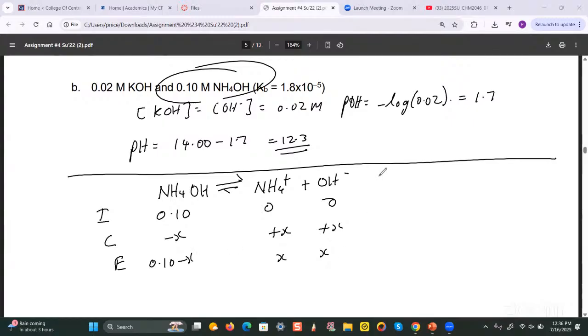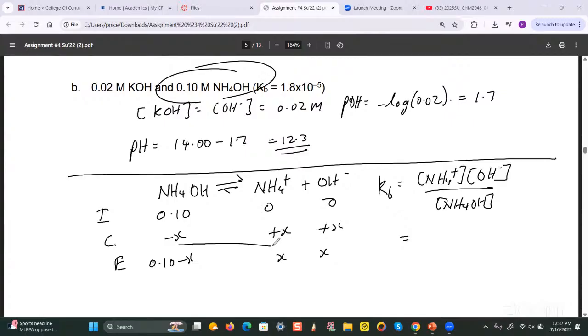So here now, we're going to write down a Kb expression. Remember, it's a base, so therefore it's Kb that we'll be using. That is equal to the concentration of NH4 plus times the concentration of OH minus divided by the concentration of NH4OH. And then we put the terms in. So you're going to end up with x squared over 0.10 minus x equals Kb.